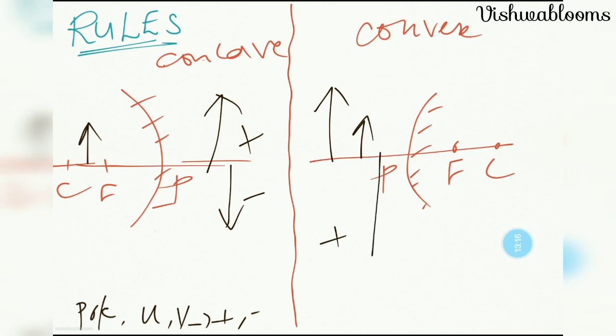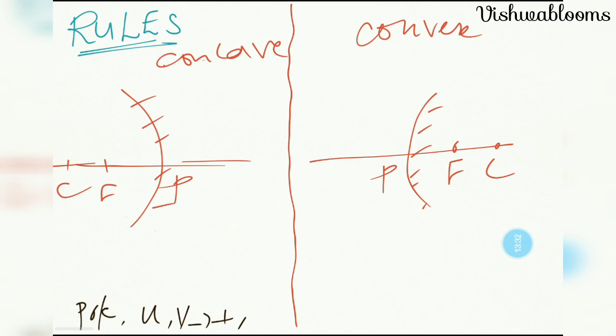So if it is coming down, showing below the pole or principal axis, you can say negative. It will have negative height. Clear? So this is also clear, I am hoping. H and H dash also we have seen. For that also positive, negative, whatever it is, we have seen. Okay, that rule is also done, right?